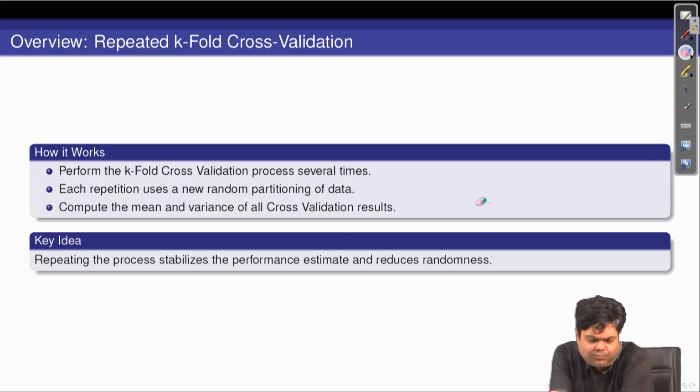So, basically you perform the k-fold cross validation process several times. Each repetition uses a new random partitioning of the data, and you compute the mean and variance across all cross validation results. The key idea is that repeating the process stabilizes the performance estimate and reduces the randomness.